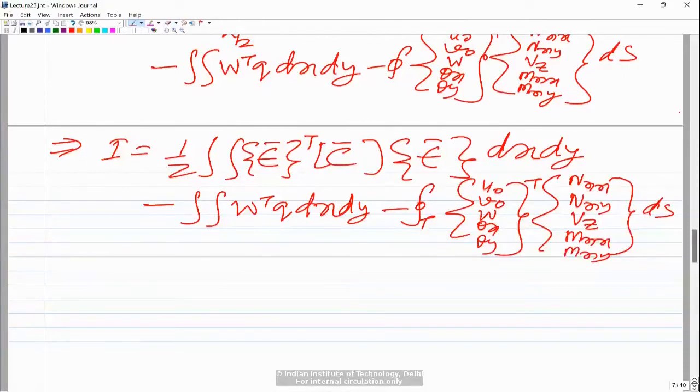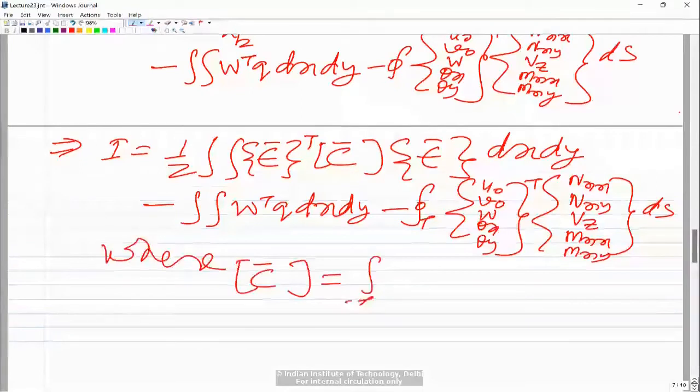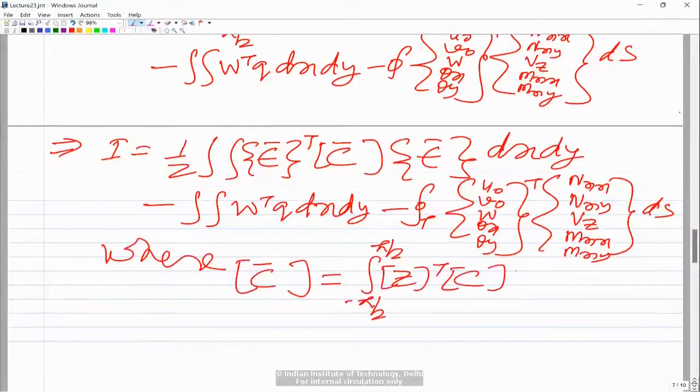Now let me define what this C matrix is. So basically C matrix is the integration from minus h by 2 to plus h by 2 of Z transpose into C into Z dz, the integration with respect to z, and we are calling it the C bar matrix.